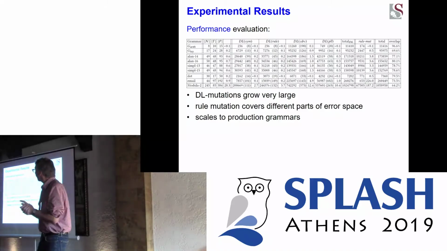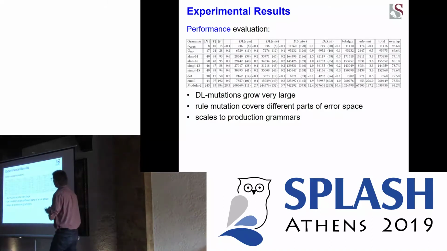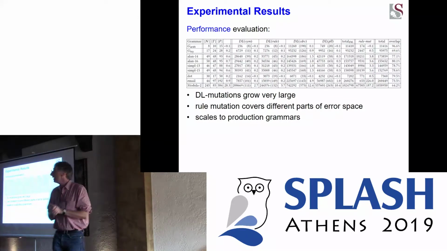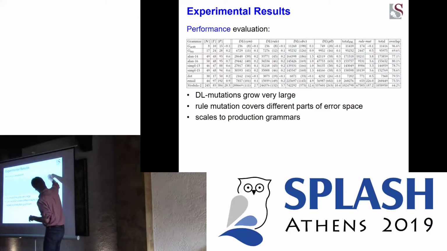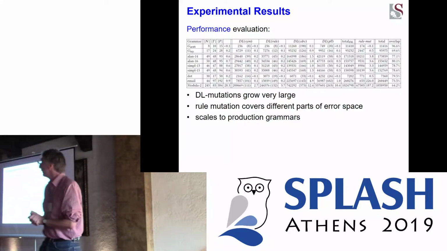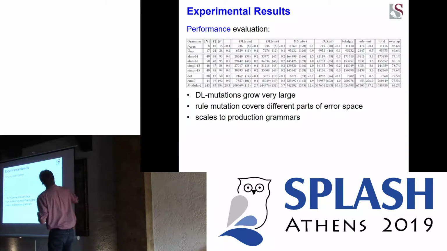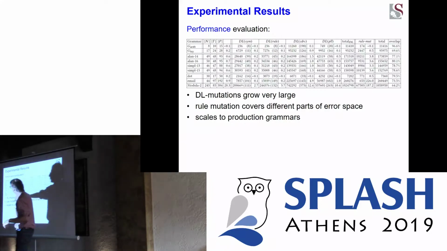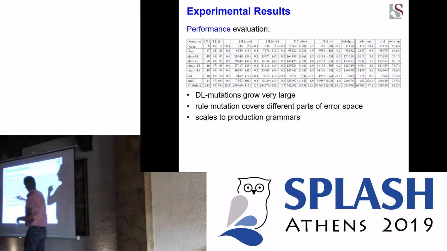So it grows basically quadratically, right? Rule mutation grows much slower. The number of rule test cases is 1 to 2 orders of magnitude smaller than the number of token mutations. And the two cover different parts of the error space. For our grammar, it's very simple. For instance, just simply arithmetic expressions.